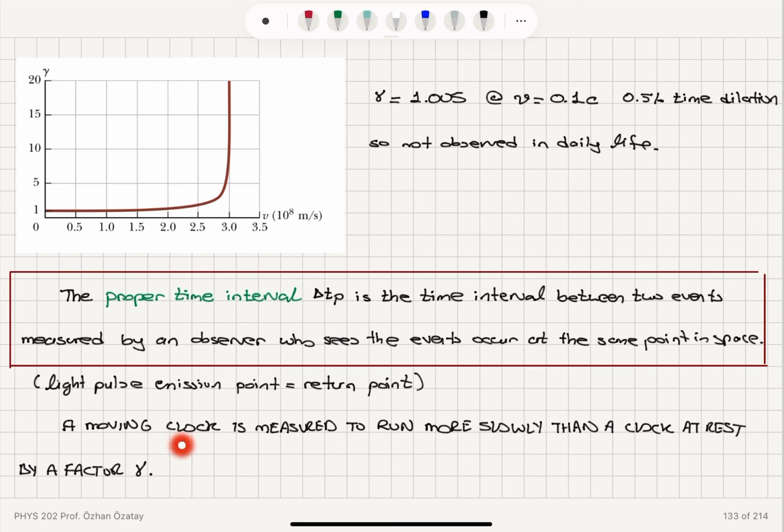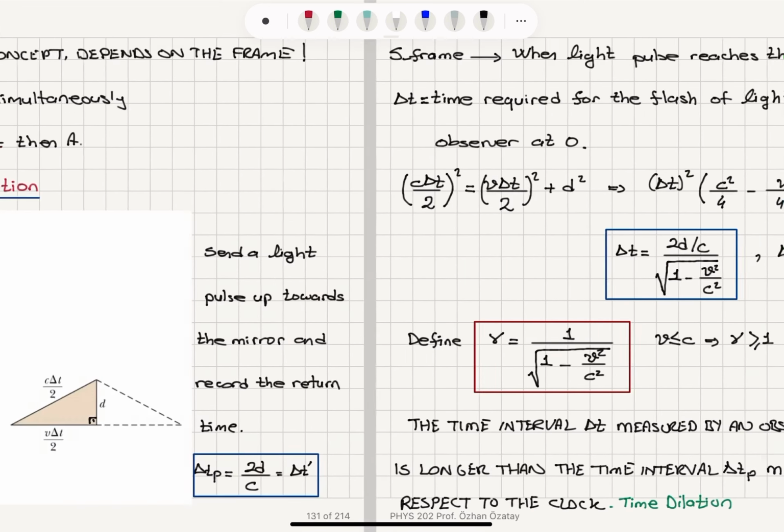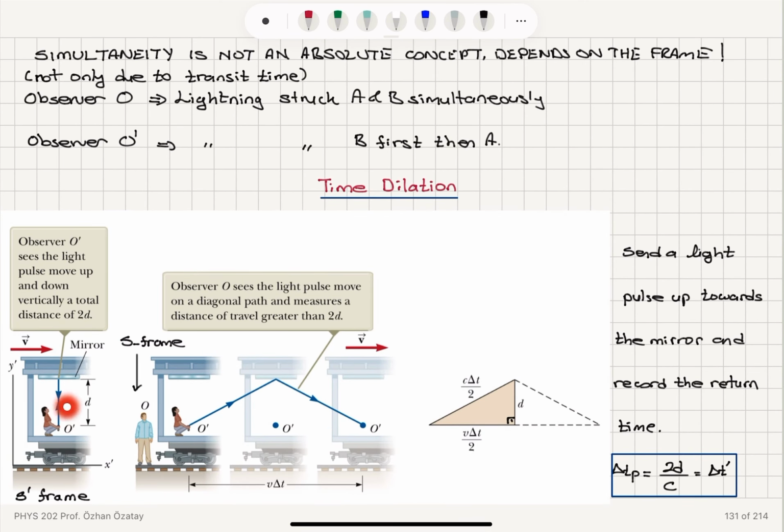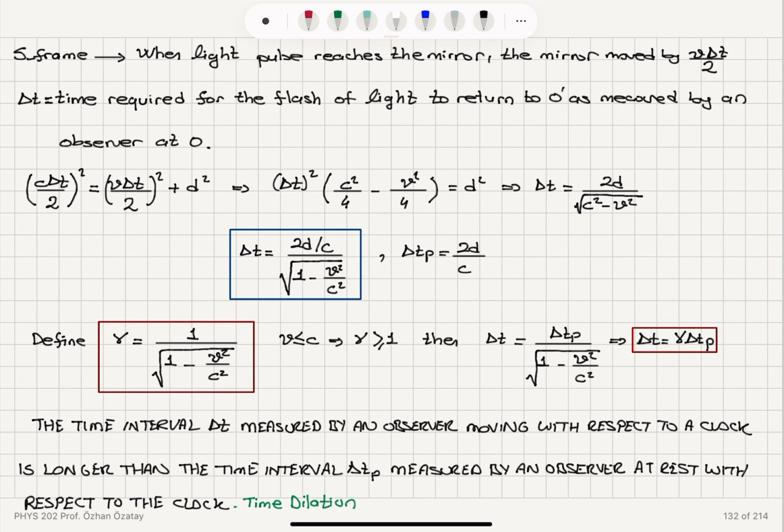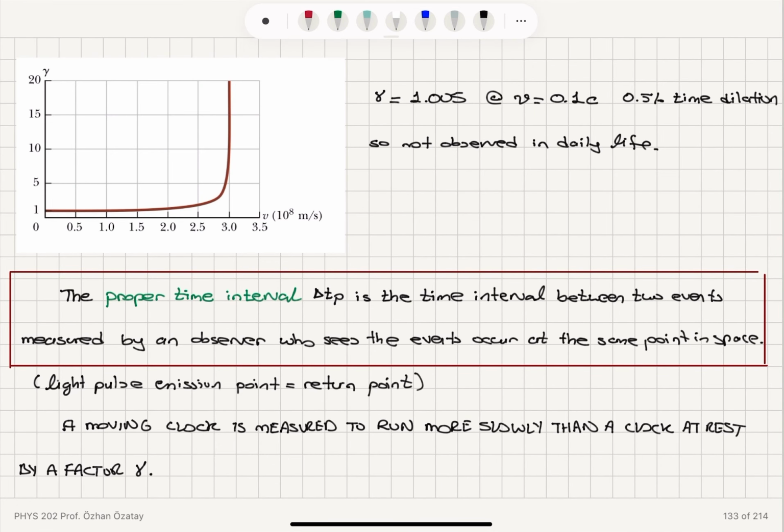So a moving clock is measured to run more slowly than a clock at rest by a factor gamma. So we have a clock that is moving with respect to this observer. So this observer will observe this clock to run slower than a clock at rest by a factor gamma. This is our time dilation effect.